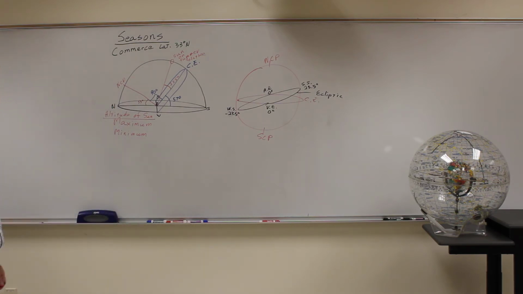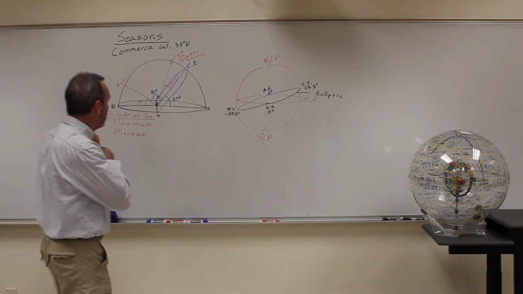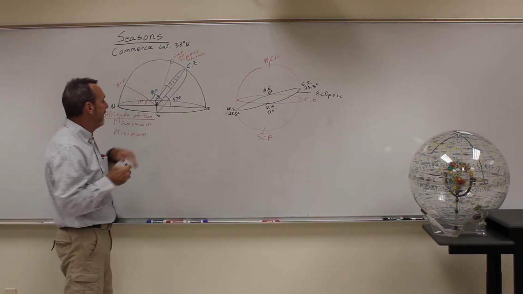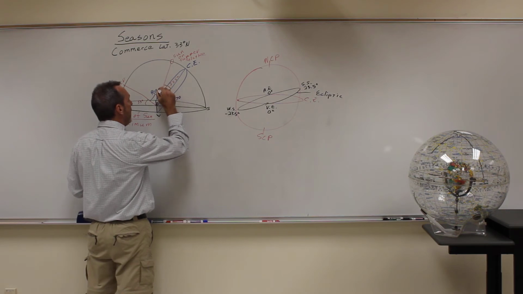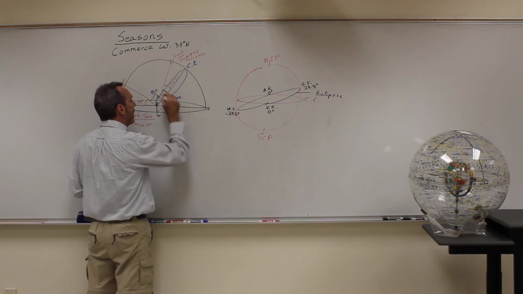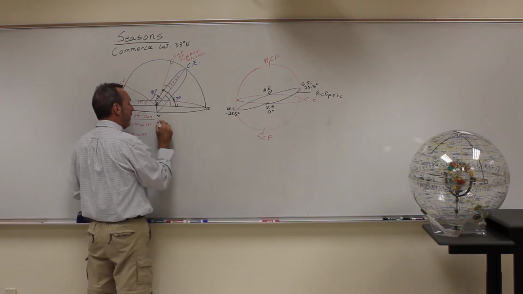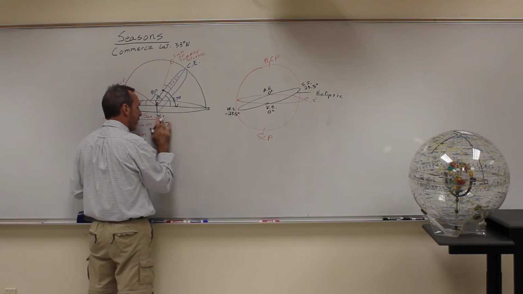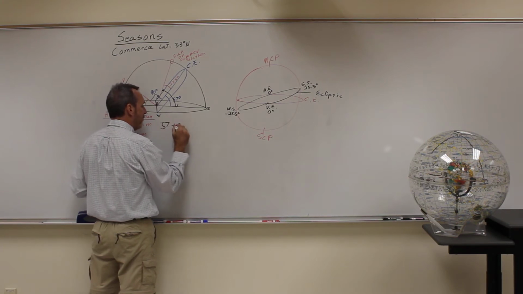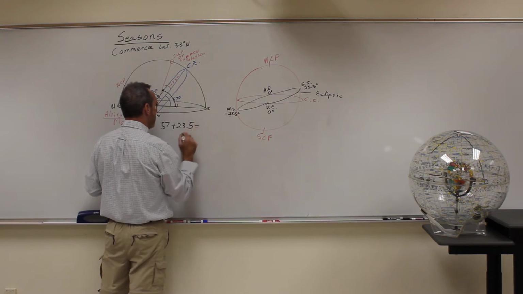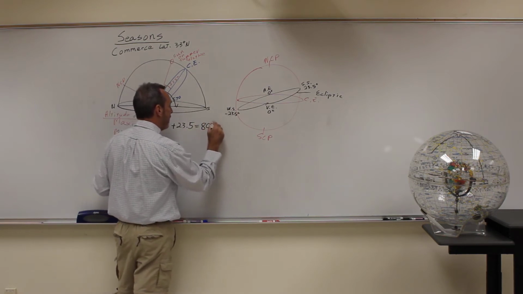That's the maximum altitude the sun gets. Well, the sun's altitude, remember, is measured from the horizon. So what we really need is just this whole angle right here, from here all the way to here. Or it's just going to be 57 plus 23.5, or in this case, 80.5 degrees.